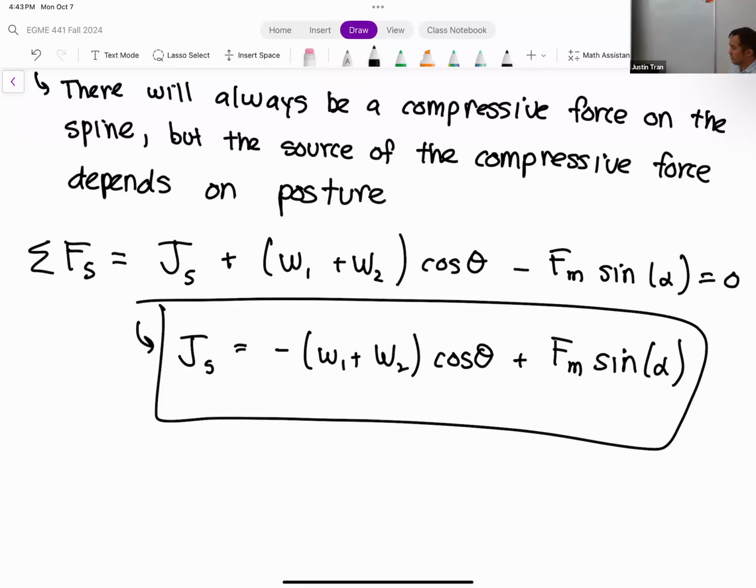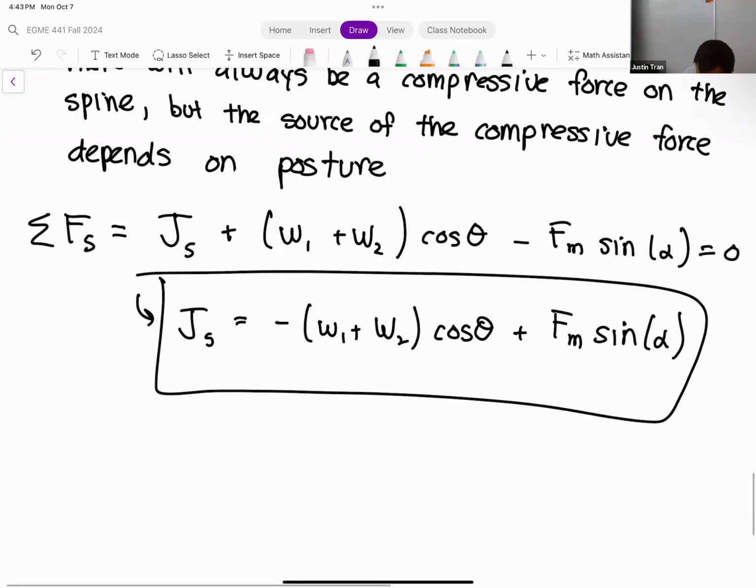So what's interesting here, compared to the axial equation, is that we have kind of opposite things. The component from the weight is opposite in sign from the muscle force. So unlike the axial component, these two are going to kind of cancel each other out.